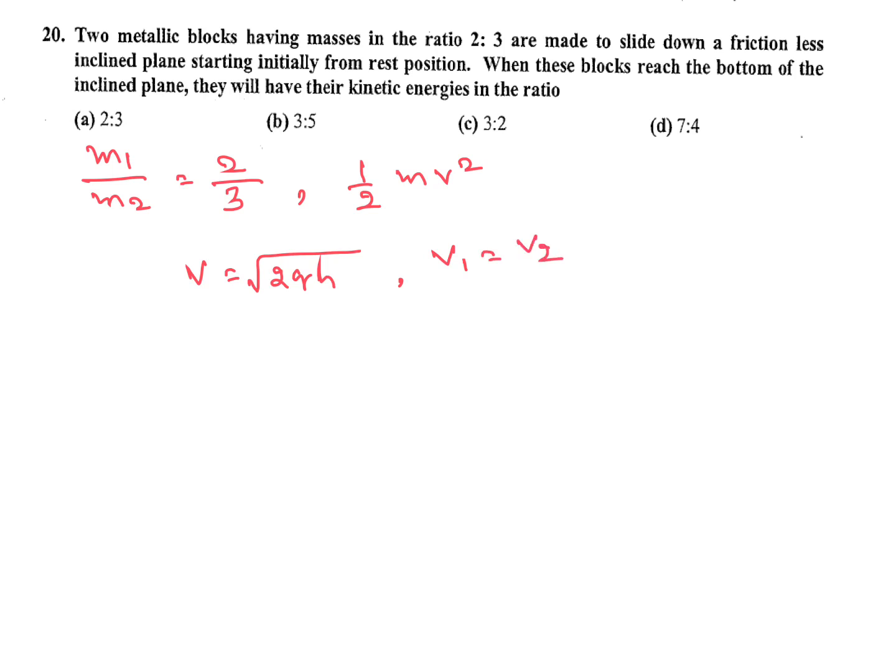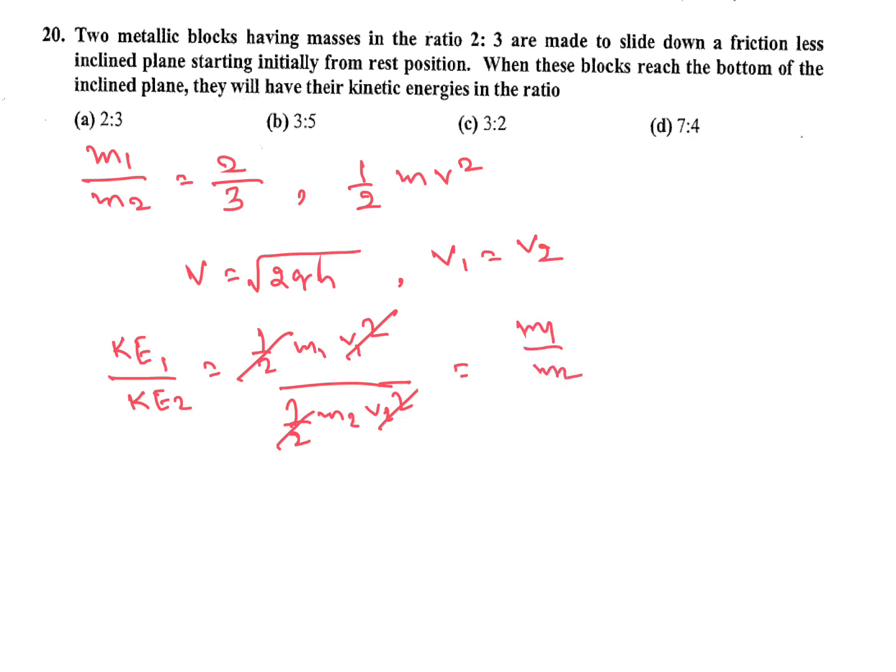So kinetic energy KE1 by KE2 is half m1 v1 square by half m2 v2 square. Half cancels, v1 equal to v2 cancels. m1 by m2, it's 2 by 3 or 2:3. From the options, A is our answer.